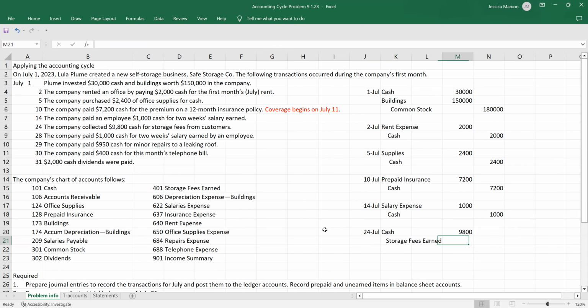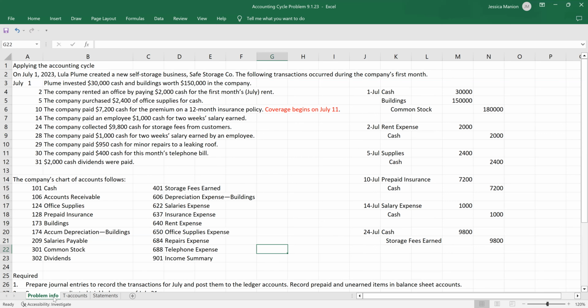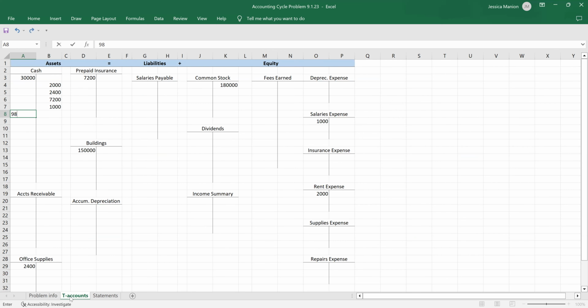That's our revenue account, and we know that because it's right here in our chart of accounts. That's what they call their revenue account. So, okay, let's record this. We've got a debit to cash, a credit to storage fees earned, $9,800.